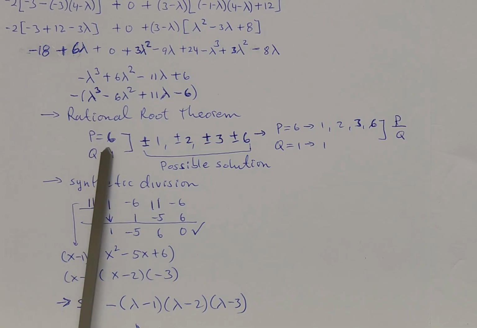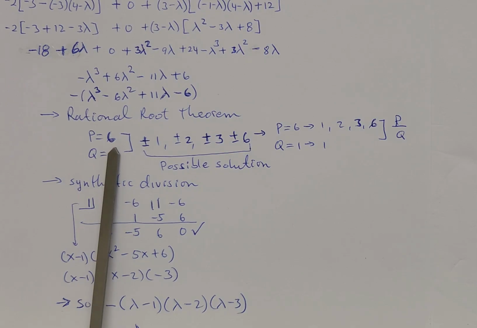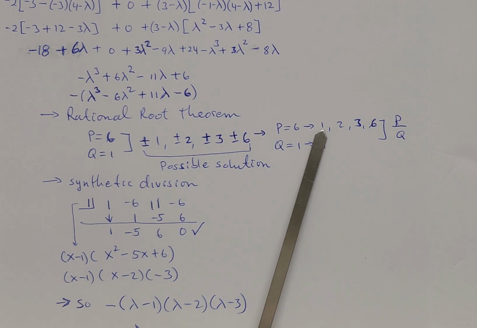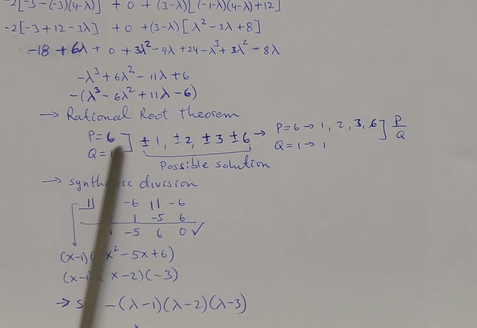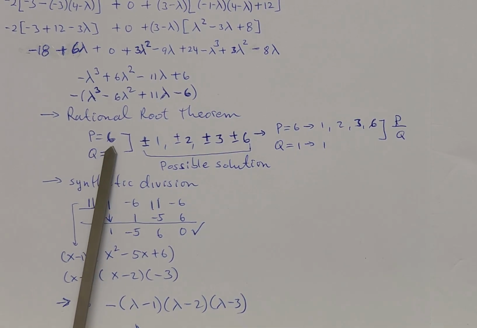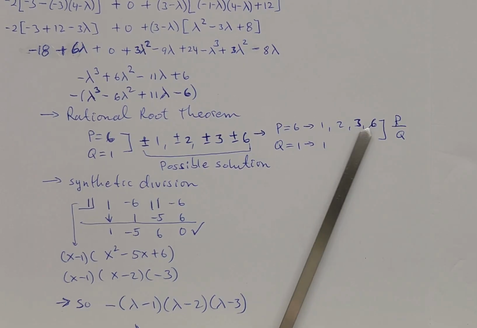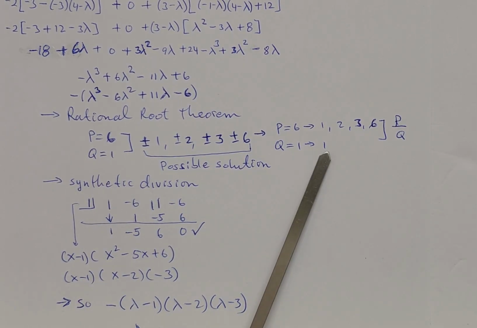The factors of 6 are 1, 2, 3, 6. All of the numbers that multiply to give me 6 are 1, 2, 3, and 6. All of the numbers that multiply to give me 1 is just 1.